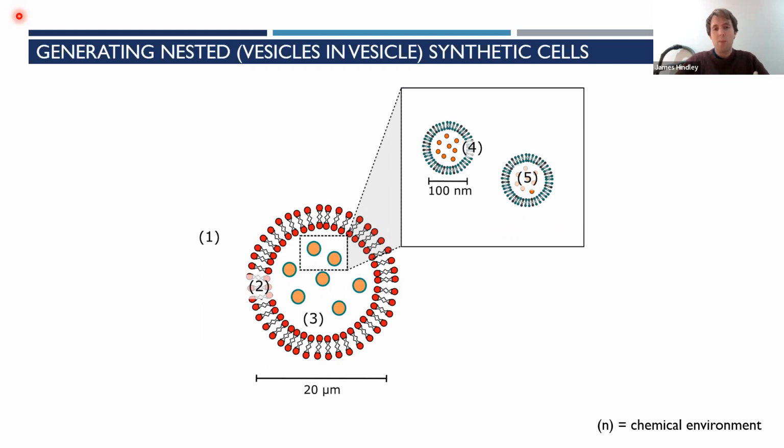Because all we need to do to form these is to encapsulate at least one type of compartment in another. Normally, when we do this, we're encapsulating nanoscale compartments in a microscale GUV chassis.